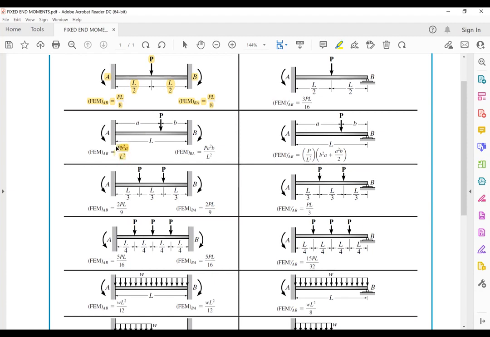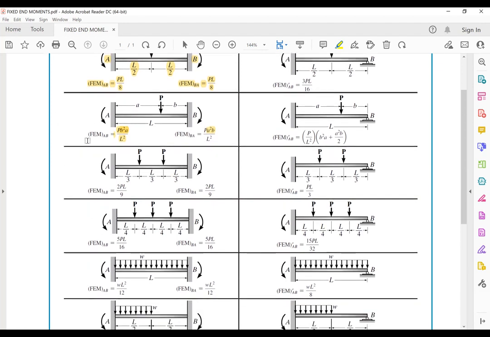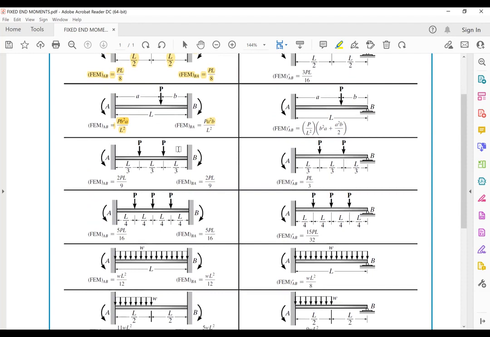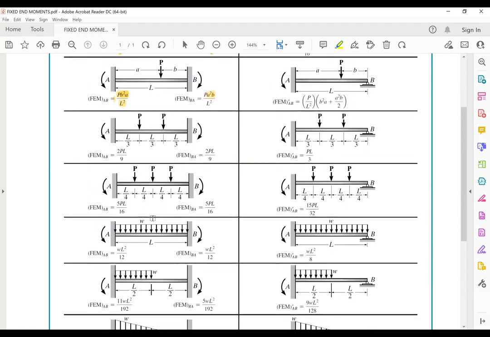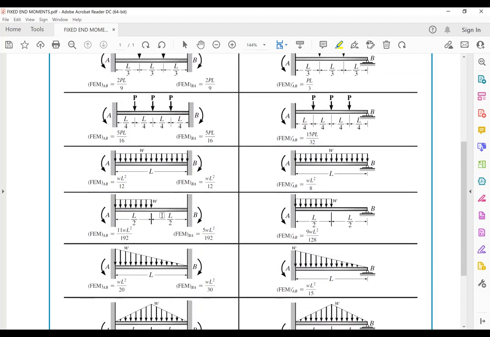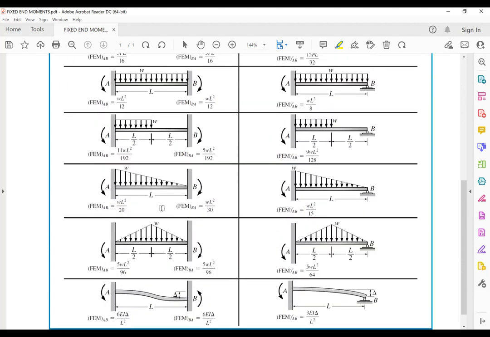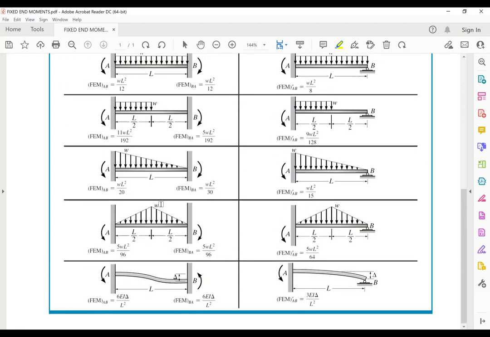And this also becomes a general equation for the fixed end moments. There are quite a number of them: 2-point loads, 3-point loads, a UDL along the entire span, a UDL for half the span, and it goes on.